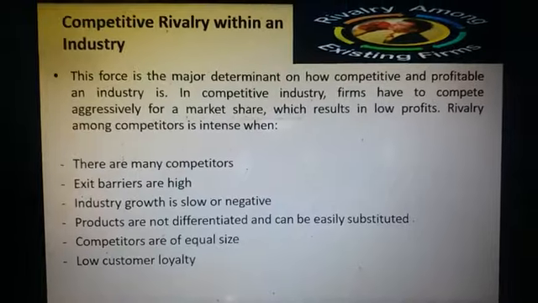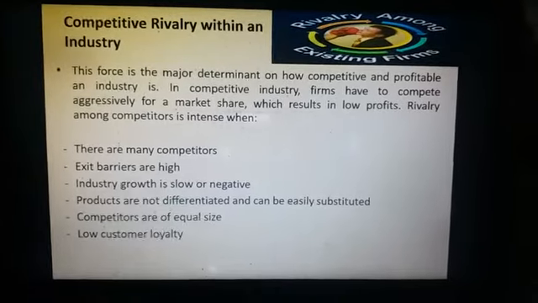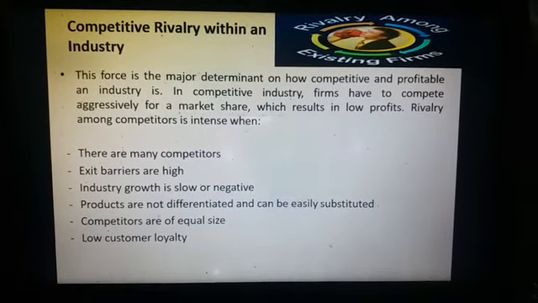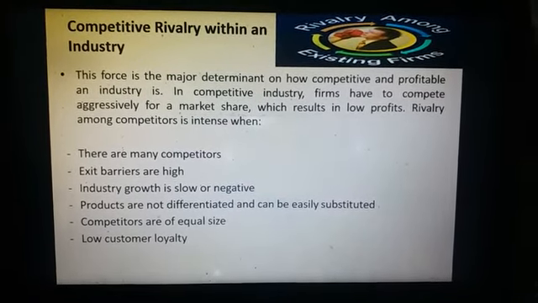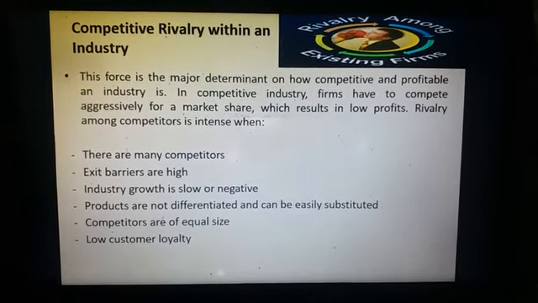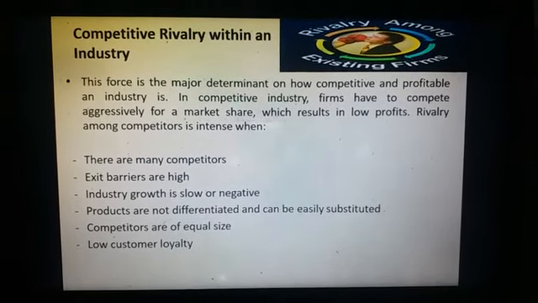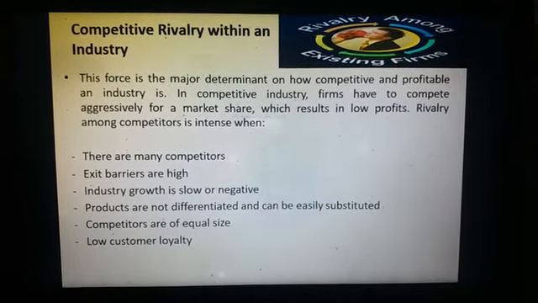But rivalry inside the industry is also most important. For most industries, the intensity of competitive rivalry is the major determinant of the competitiveness of the industry. The factors which influence rivalry can be sustainable competitive advantage through innovation. What sort of competitive advantage do you use?